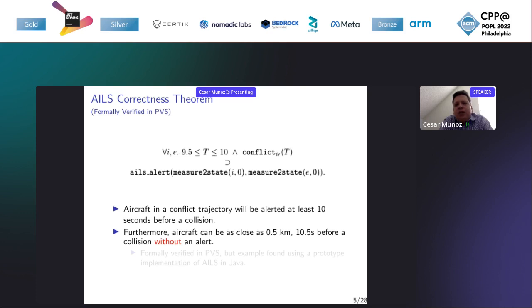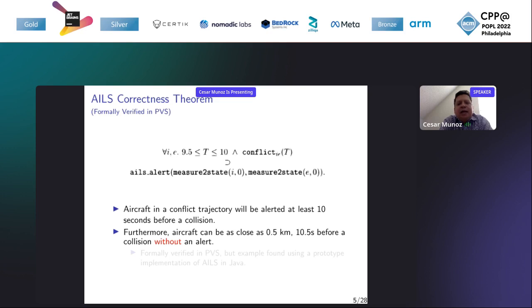The other thing about this algorithm is that we found that 10 is very close to the maximum time that you can achieve. In fact, we found a counterexample for 10.5 seconds, meaning that there are trajectories that don't issue an alert in 10.5 seconds.